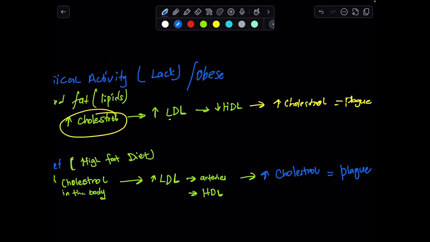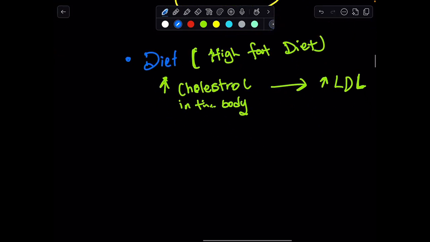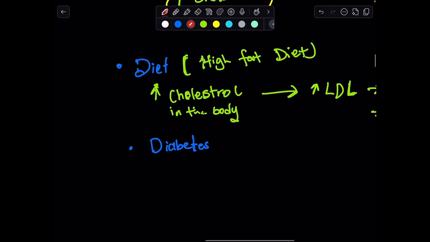It can also be caused by diabetes, for the same reason smoking and hypertension cause it, but in a different way. In hypertension, it's caused by the pressure. In smoking, it's the damage from the nicotine.